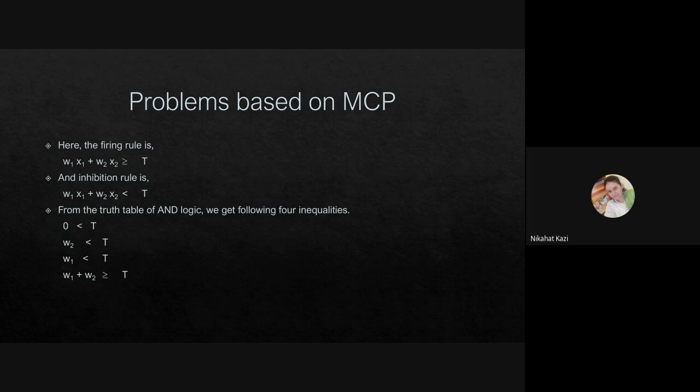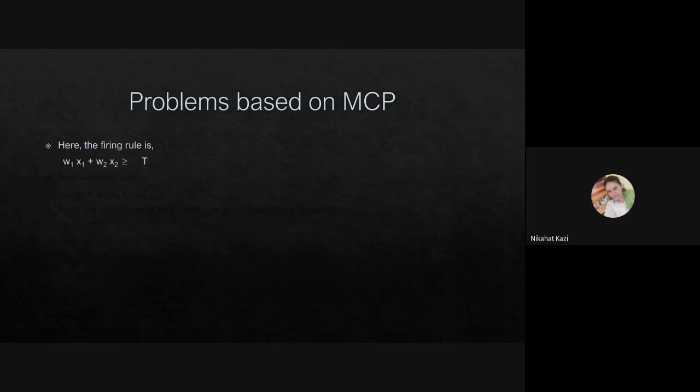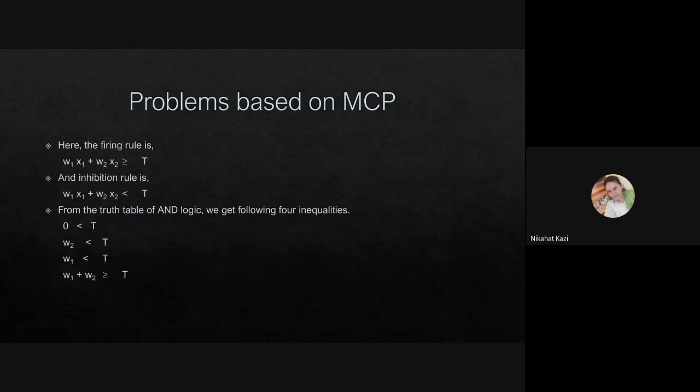So how do you get these inequalities? You just substitute the values of x1 and x2 in those conditions for firing and inhibition. And how do you understand which is firing and which is inhibition?